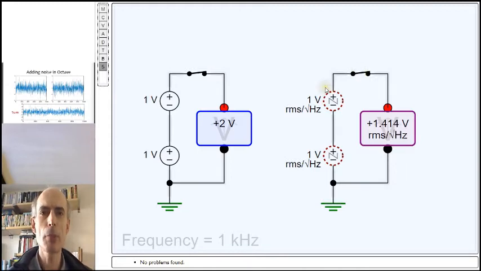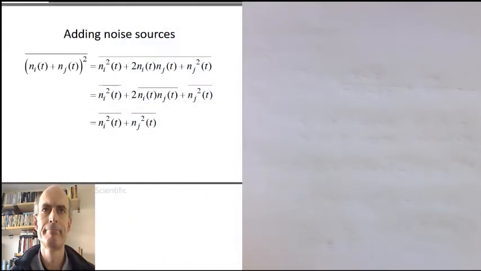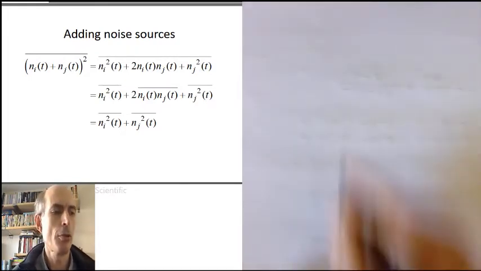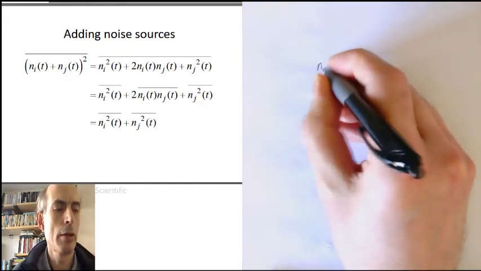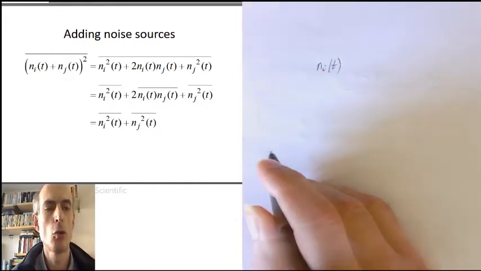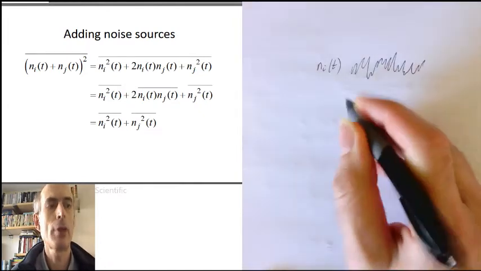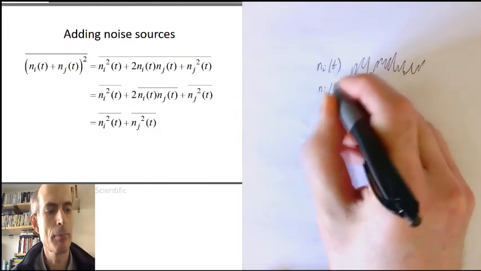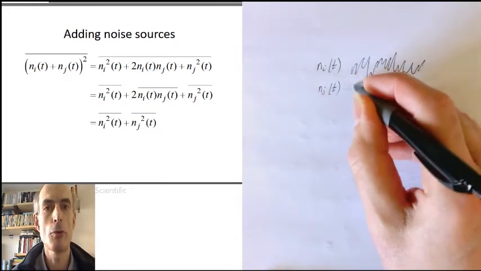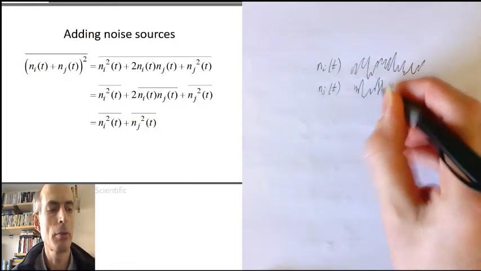Well, for that we have to do a bit of maths. Consider what happens when we have two independently varying noise sources. I've called them Ni of t, that's one noise waveform, might look something like this, and Nj of t, that's another noise waveform, not the same, might look something like this.